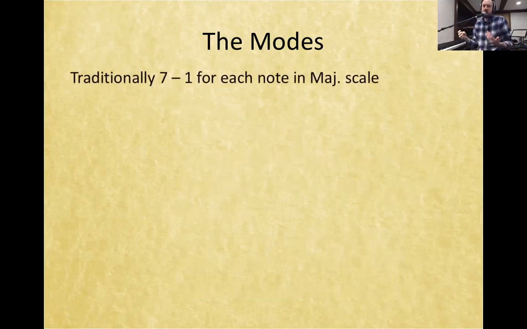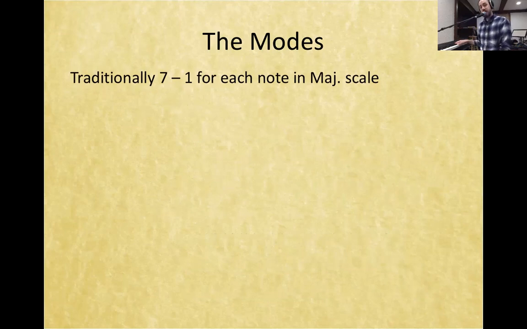So when we talk about the modes, traditionally we would say that there are 7 modes, because the basic construct here is we take a major scale and you start on a different note. So here's starting on the first note.